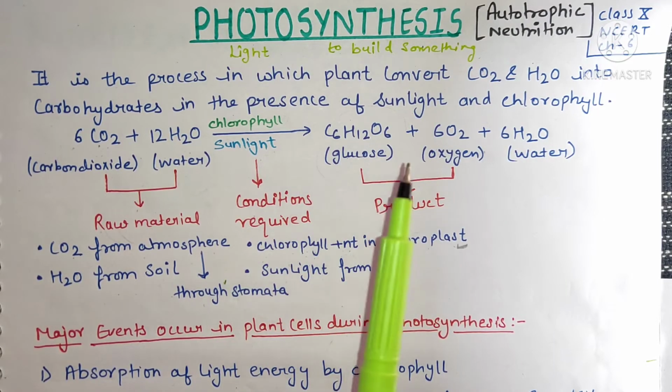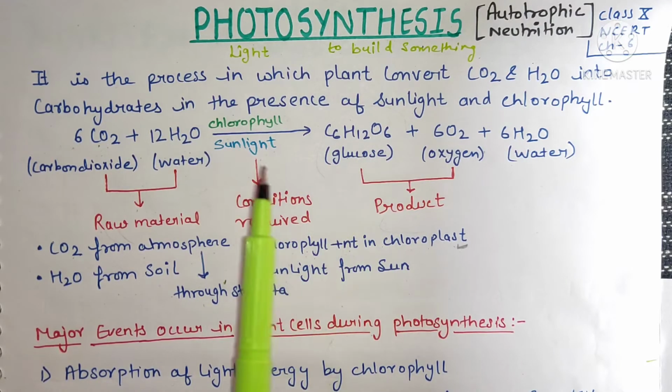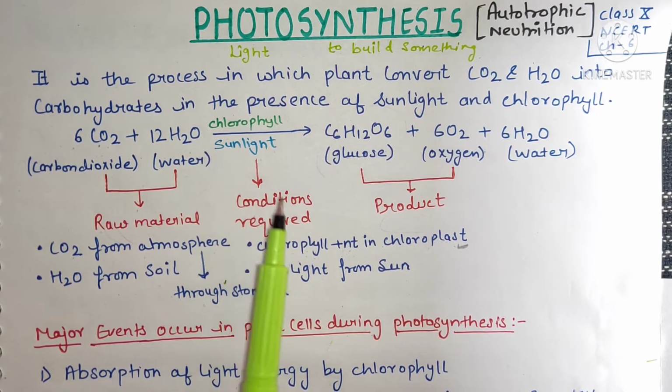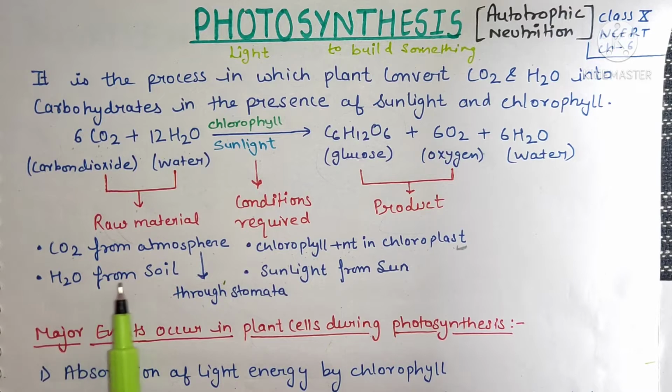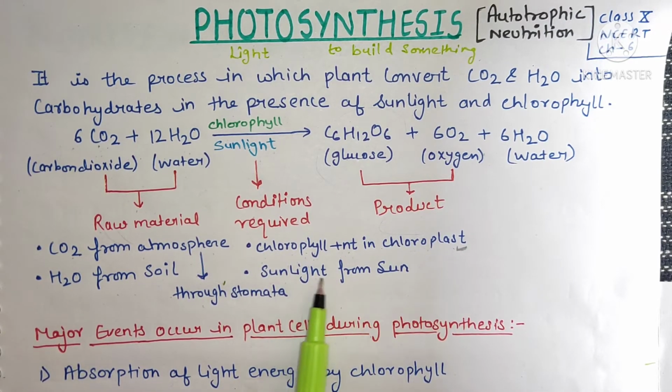So now the next question is, from where does the plant get these raw materials? Carbon dioxide from the atmosphere and water from the soil. Chlorophyll is present in the chloroplast, and sunlight comes from the sun.